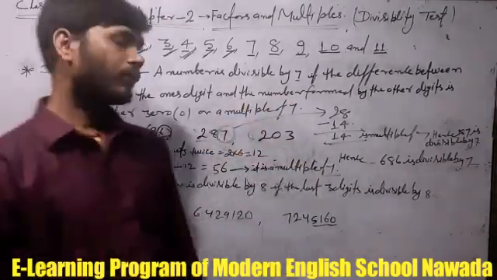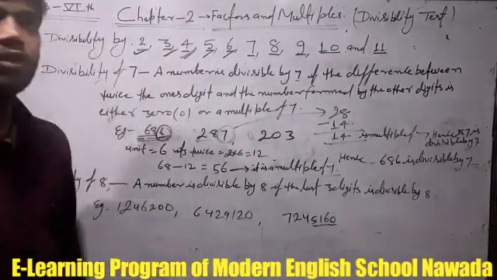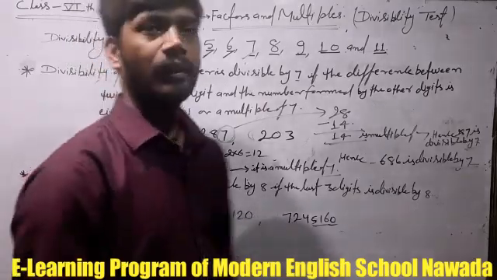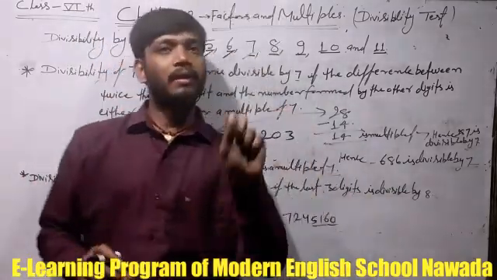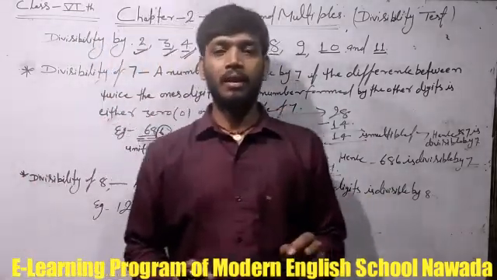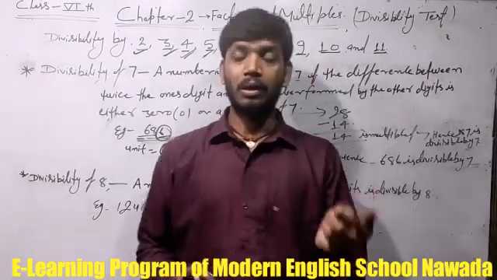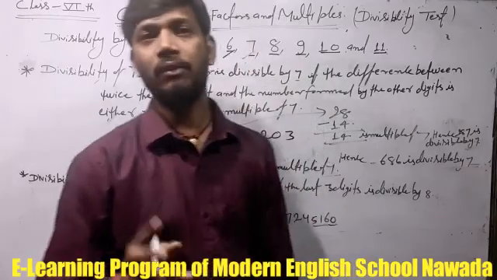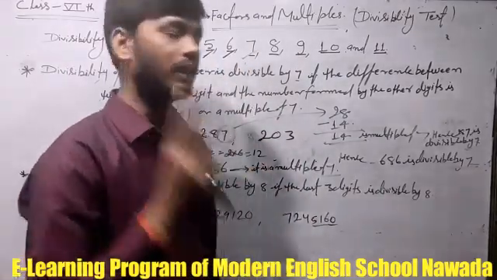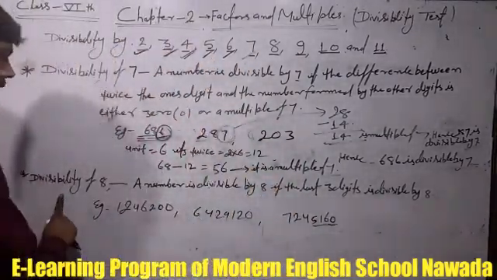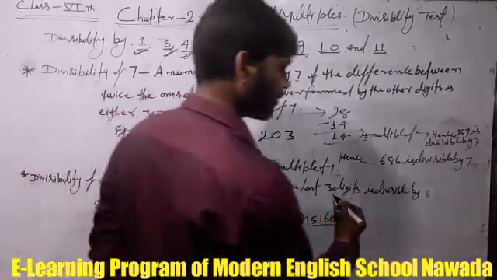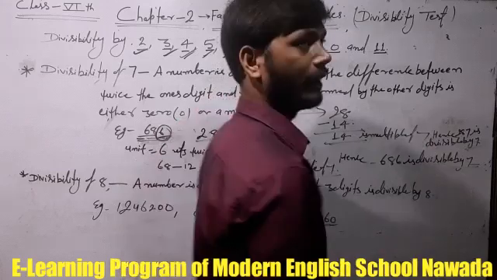Another divisibility you have to understand, divisibility of 8. Divisibility of 8 is also like the divisibility of 4. In divisibility of 4, the last 2 digits are observed. In divisibility of 8, you have to observe the last 3 digits. A number is divisible by 8 if its last 3 digits are divisible by 8.